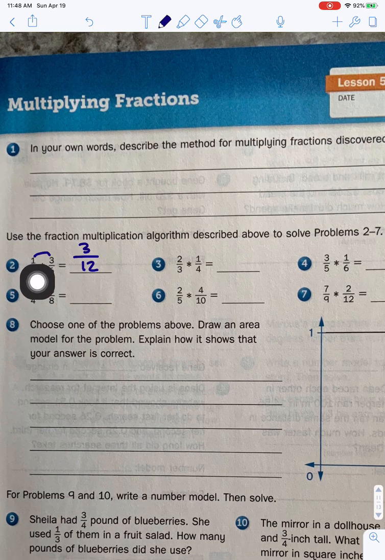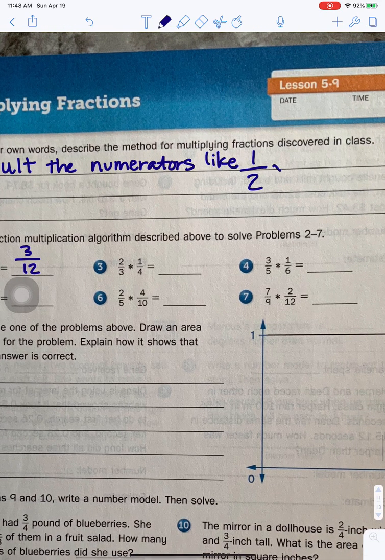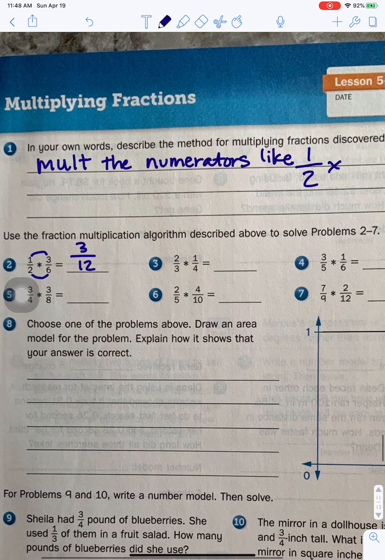So if we take a look at this, we have 1 times 3. We multiply the numerators first, and then we multiply the denominators. So to multiply the two fractions, we multiply the numerators, like 1/2 times, we'll use this problem down here, 3/6.